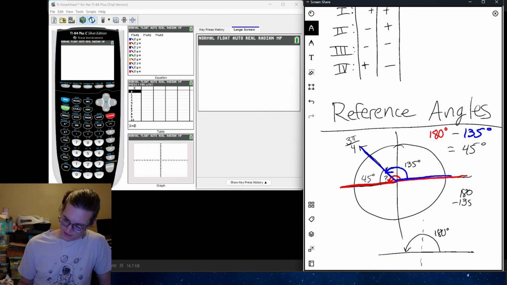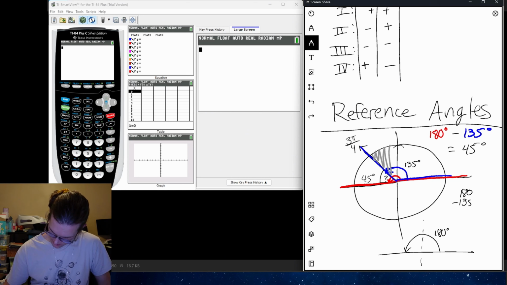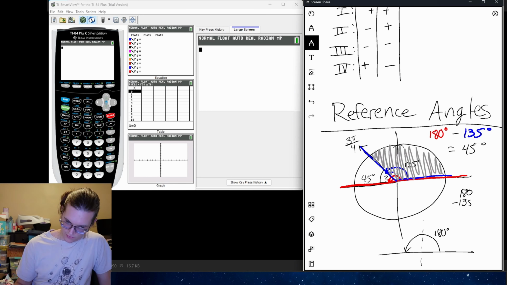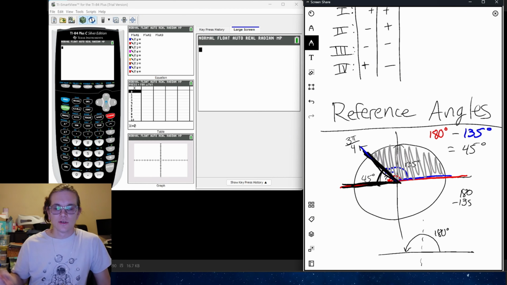And it makes sense, right? From the 180 degrees, you subtract away this angle, and we're left with this 45-degree angle. So the reference angle of 135 degrees is 45 degrees.